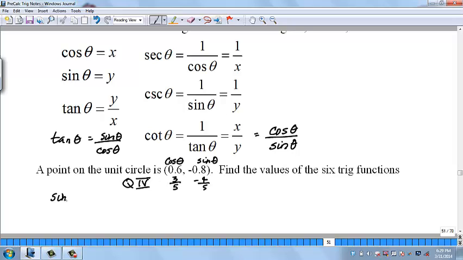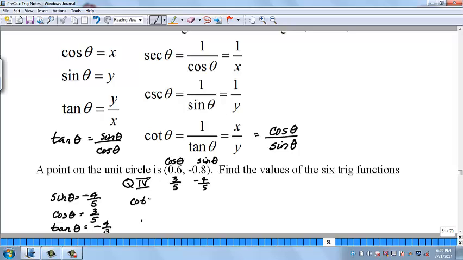So I have sine of theta, which is negative 4/5, and we're in quadrant 4. Cosine of theta is 3/5. Tangent of theta is going to be sine over cosine, so it'd be negative 4/5 over 3/5, so that's negative 4/3.